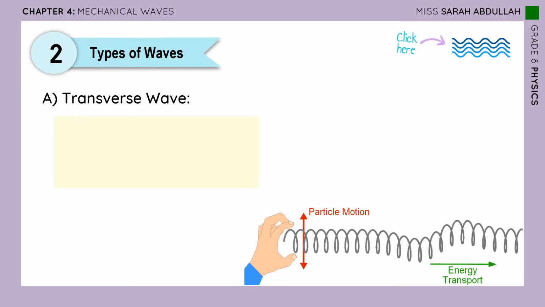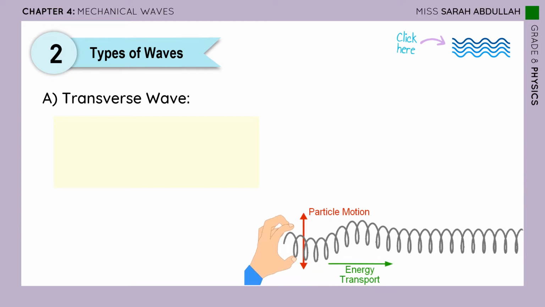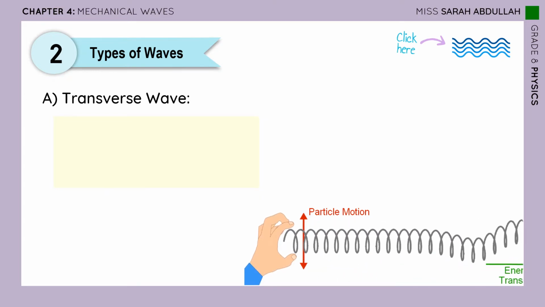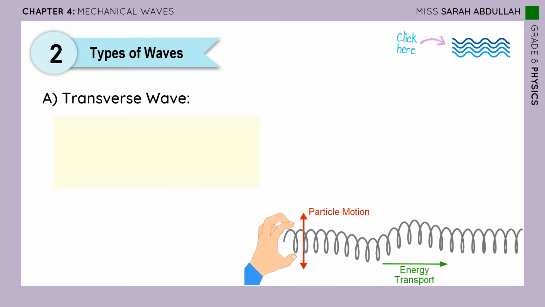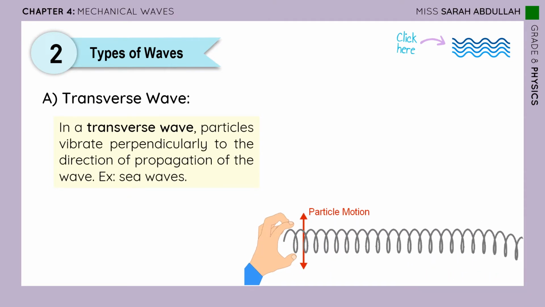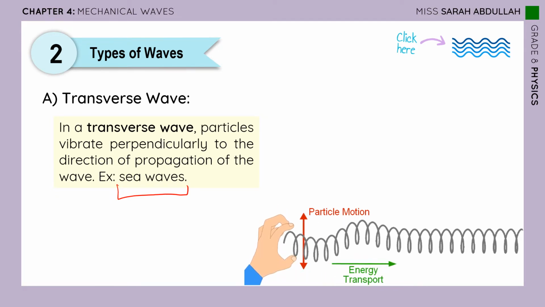So, as we just said, we have two types of waves. The first one is the transverse wave, where the particle vibrates perpendicularly to the direction of propagation of the wave. An example of this would be sea waves, or maybe the waves along the rope.